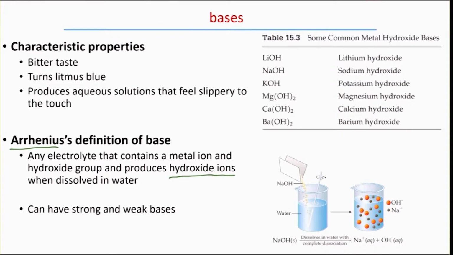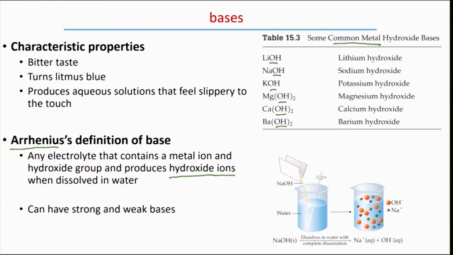If you look at these common metal bases here, you can see you have group 1A and group 2A metals, all with a hydroxide. The 1A ones all have 1 OH with them. And for the 2A, so magnesium, calcium, barium, for every 1 magnesium there are now 2 hydroxides just to balance out the charge. Those are common ones that you should be familiar with.